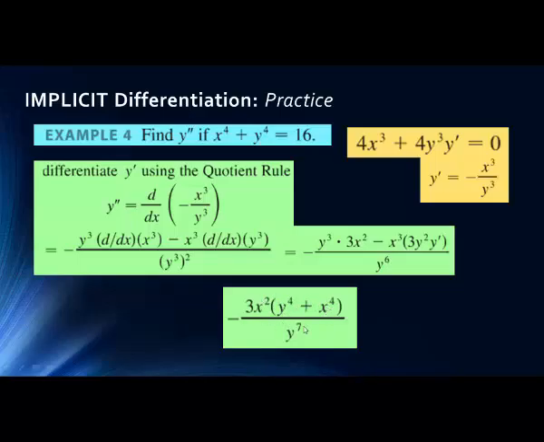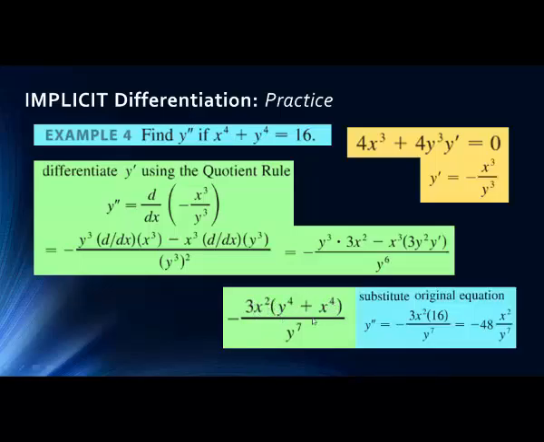And so we already know that our original equation has an explicit value for this. X to the 4th plus y to the 4th will always equal 16. So we can substitute the value of 16 for the formula in the parentheses. And so this second derivative simplifies to just negative 48 x squared over y to the 7th.